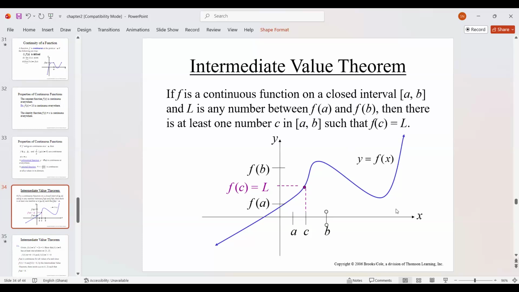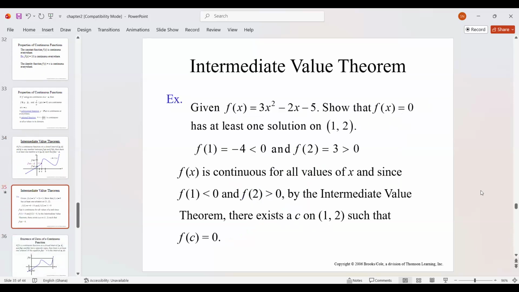We call this the intermediate value theorem. Okay. I'm sure we'll see examples like that.